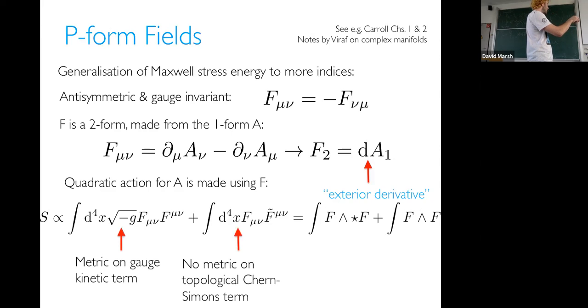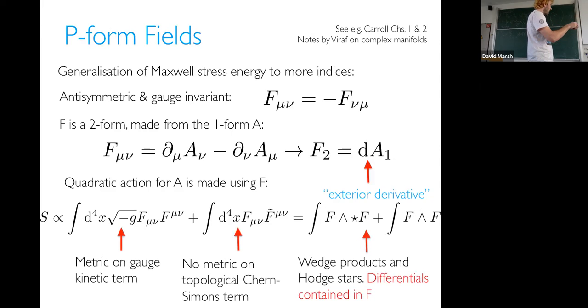There is no metric in the topological Chern-Simons term. These things here are wedge products and Hodge stars, and I don't have to write d4x on these integrals because the differentials are contained in the definition of F. So they're written down as things ready to be integrated over. It saves you a lot of notation. And the star, the Hodge star, is the thing that knows about the metric.